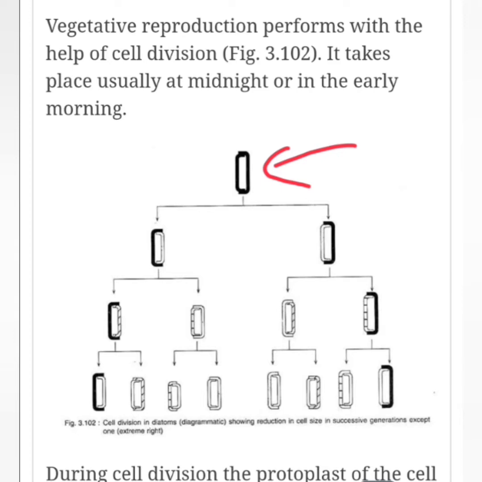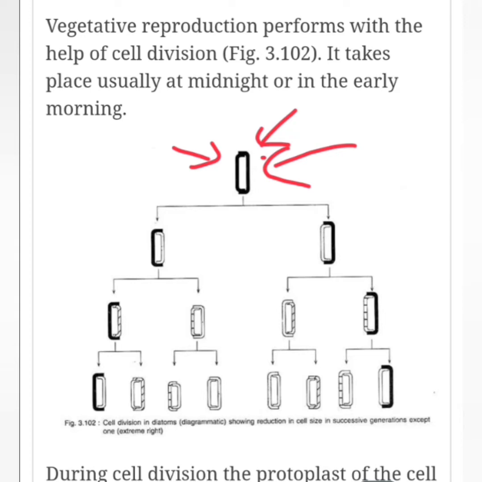So in this frustule, what will happen during cell division? These two theca, that is the hypotheca and the epitheca. Remember, the slightly bigger one is the epitheca, and the lower one is the hypotheca. So both these theca will start to separate.